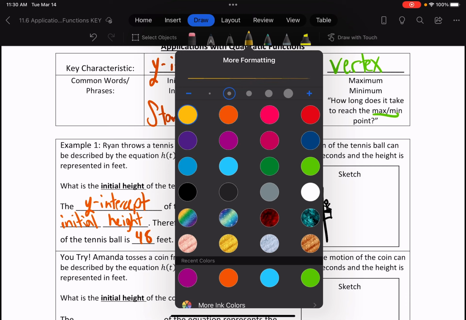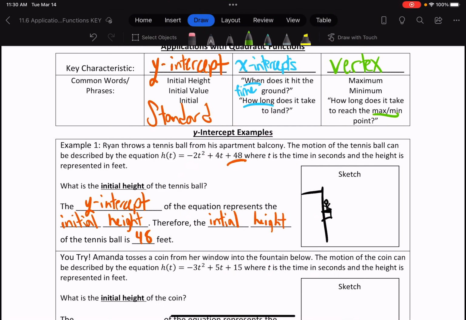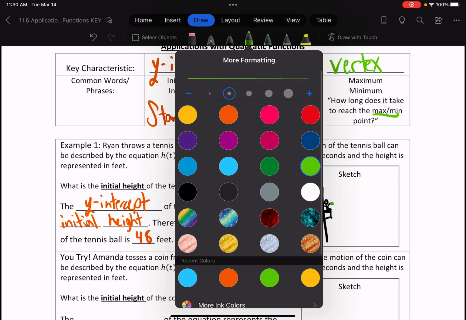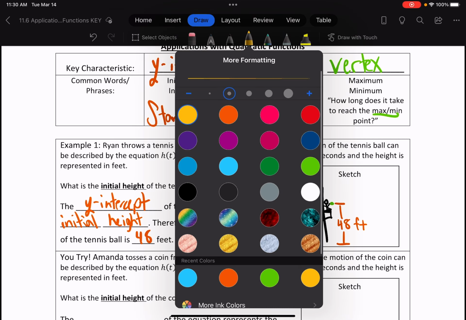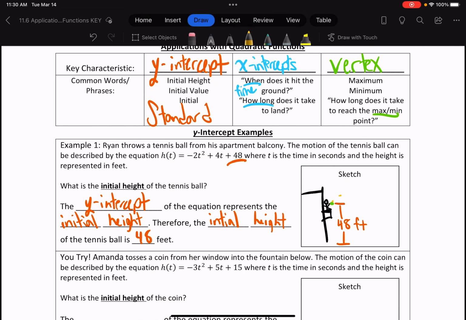He's got his tennis ball in his hand, and we're trying to figure out how far that tennis ball is from the ground. Off the ground, we've got 48 feet, because eventually, he's going to throw that tennis ball, and it's going to hit the ground.